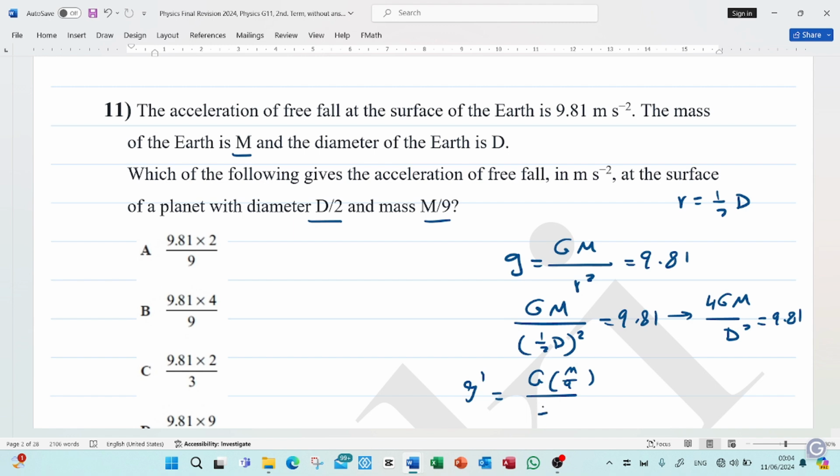So it's here half, replace d by d over 2, all squared. Simplify, you will get this one 4 over 9 multiply 4GM over d squared. It means 4 over 9 multiply 9.81. Then the answer is B.